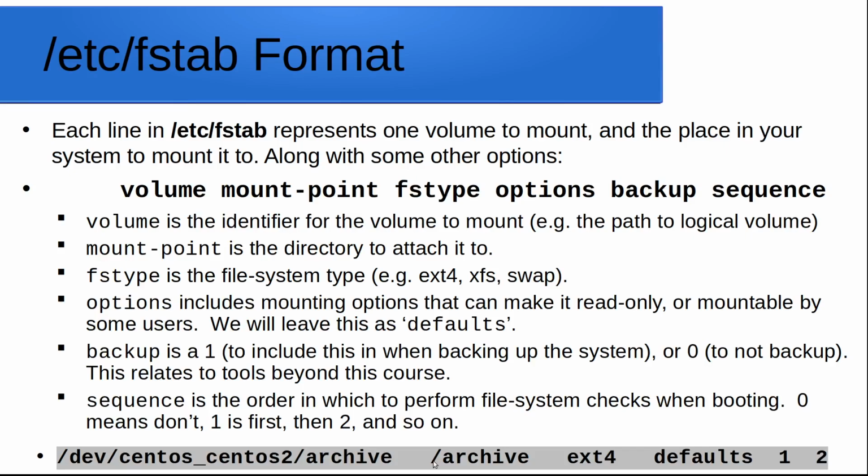This exists in root. Its file system type is ext4. We're going to use the defaults for mounting options. It should be included in backups when backing up the system, and the file system is going to check it second when booting. That's what it means. Kind of handy.